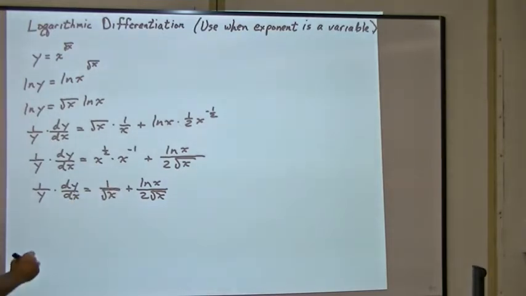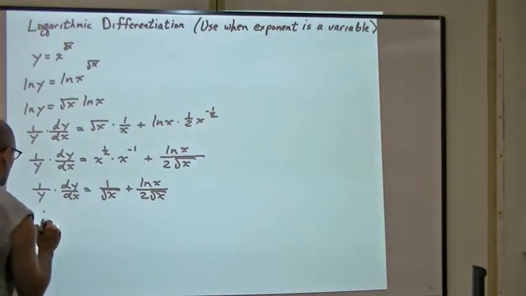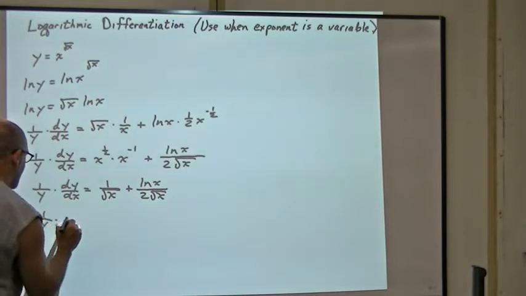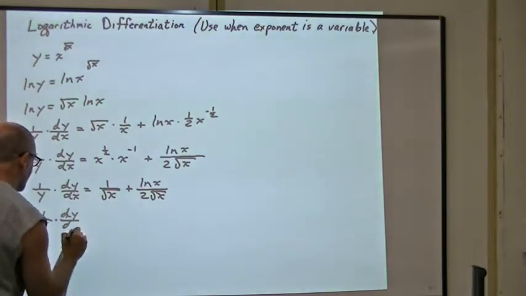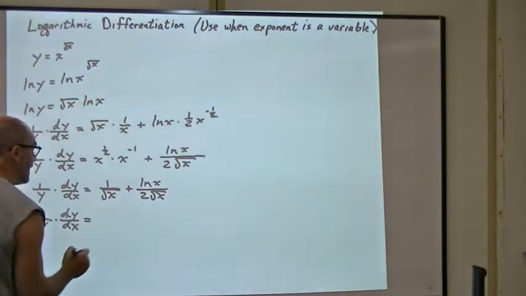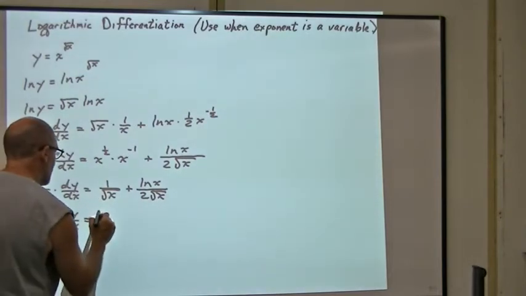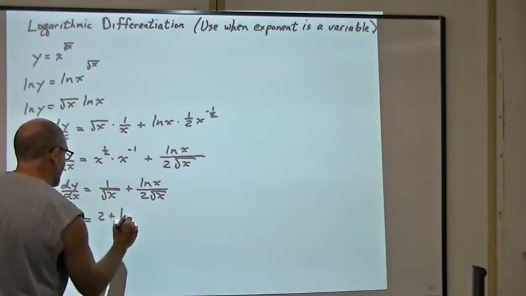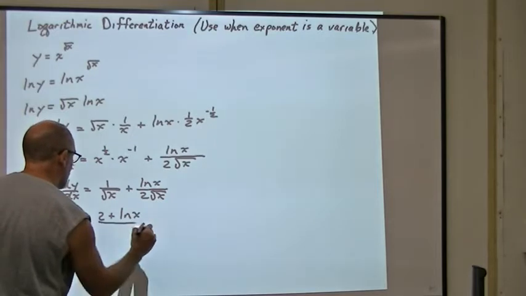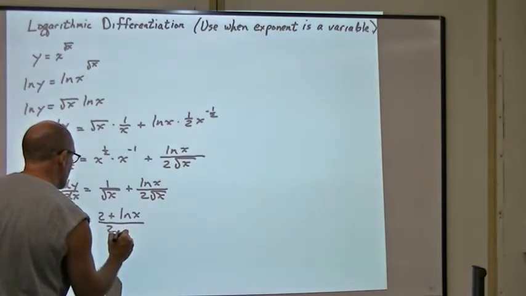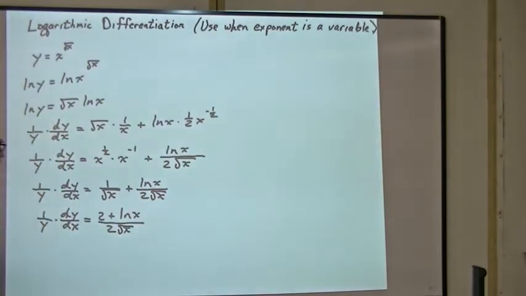So common denominators makes this 1 over y times dy dx equals 2 plus natural log x all over 2 square root of x. Okay, the only other thing we do is multiply both sides by y to get dy dx alone.